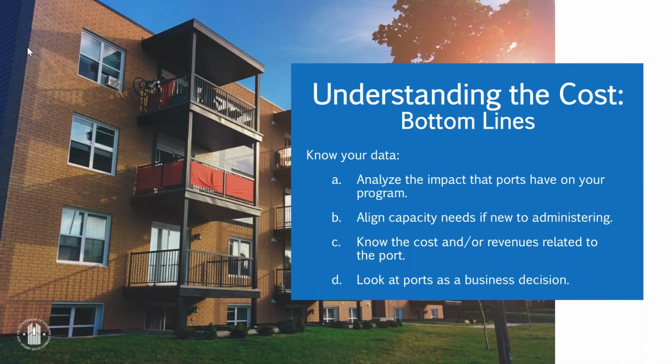So sometime in probably April or May of 2023, you're going to want to pay attention to that set-aside funding notice, as well as knowing the revenues related to the port. If you're new to administering or billing ports, know how much revenue you can anticipate bringing in through administrative fees to your program, so that you can align your capacity and potentially bring in sufficient staffing to handle the decision of now administering ports.